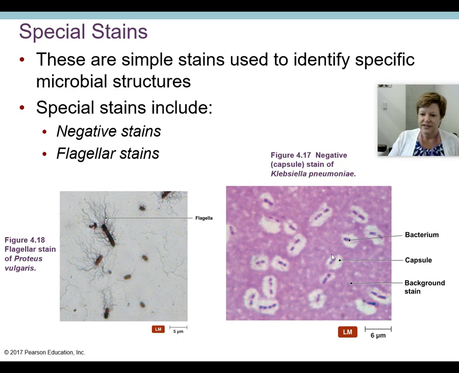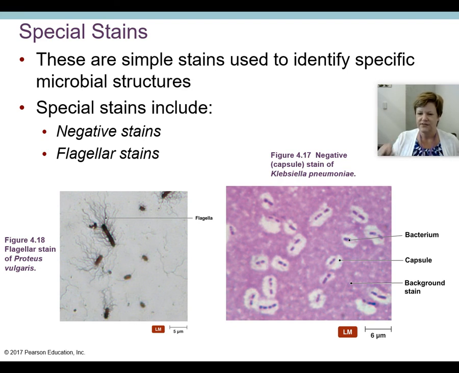The negative stain, which is shown here on the right, is where you're putting a stain on the slide that stains the background, just the glass part, just the nothing. And then if the cell has some kind of glycocalyx, so you'll remember that would mean capsule or slime layer, then that will show up as a clear space around the cell itself.